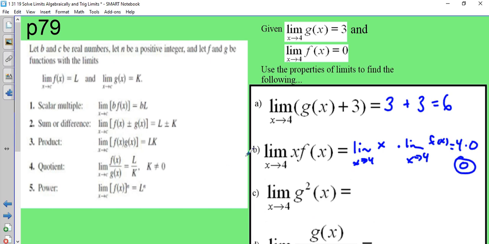There we go. This one is a power property. We have this to the second power, so this is the limit as x approaches 4 of g of x, squared. That's how you write that. The limit of g of x is 3, so this would be 3 squared, which is 9. That's our limit.